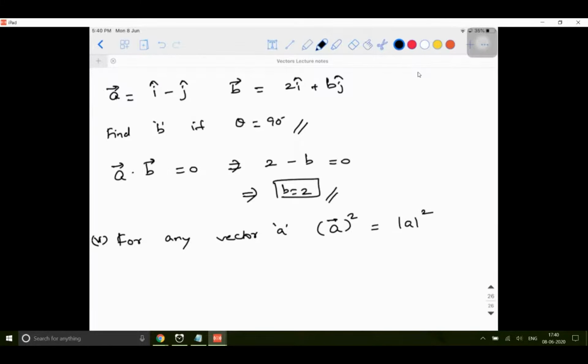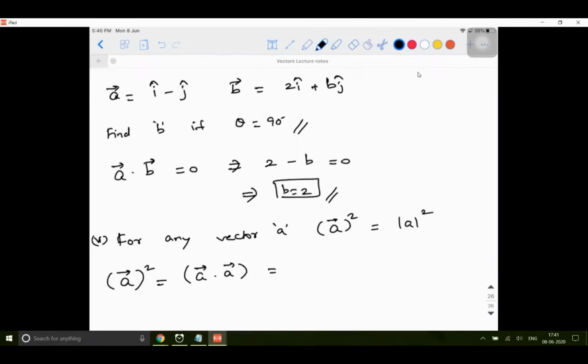Okay, so if you are squaring any vector, that means the answer is going to be the modulus of it, the whole square. Why it is happening is because when I say A vector square, that implies it is A vector dot A vector. Whenever you square a vector, you are doing the dot product of the vector with itself. So that is going to be A square.